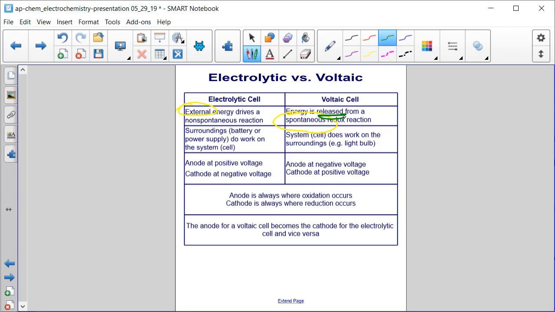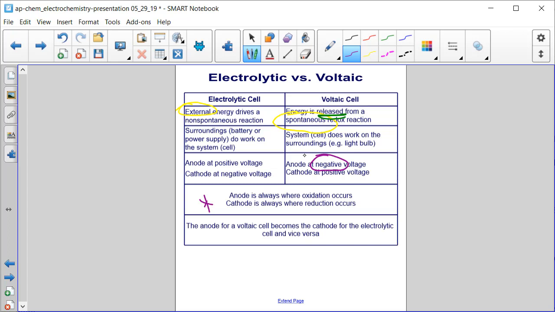Now, what about anode and cathode? Let's start down here at the bottom where we know anode is always where oxidation occurs. Remember our mnemonic device, An Ox Red Cat. So by definition and convention, the anode is where oxidation occurs. When that occurs spontaneously, as it does in a voltaic cell, the anode is negative, just like an anion is negative.